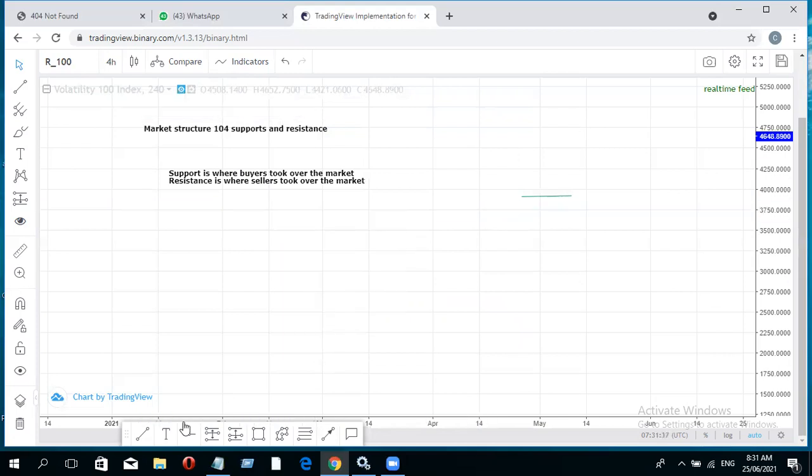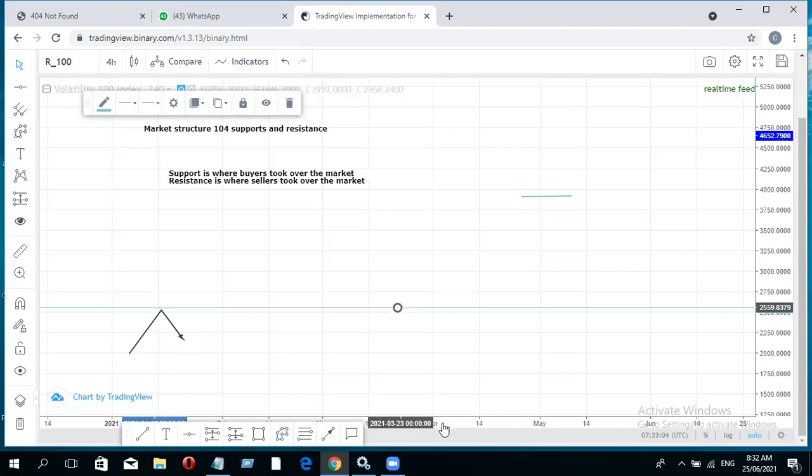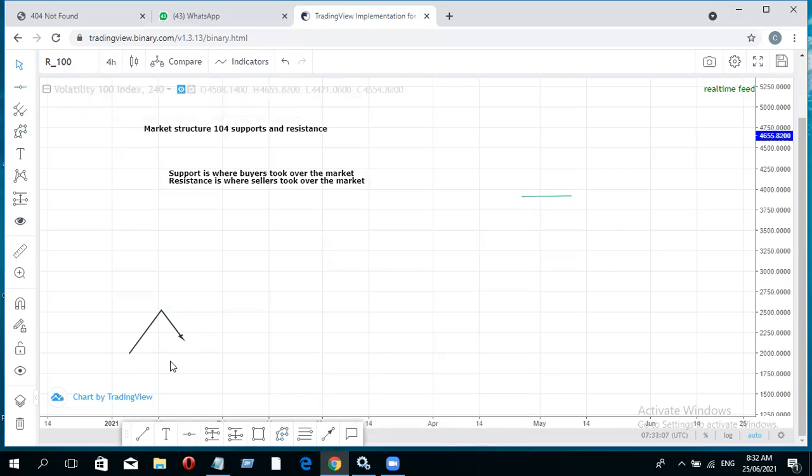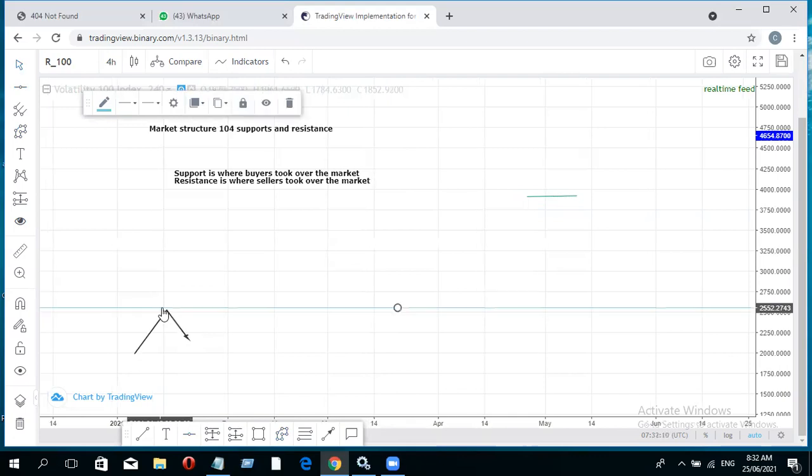For instance, you see the market just buying, and then suddenly it comes down. This point here, where the market stopped buying, somewhere around there, is called a resistance.